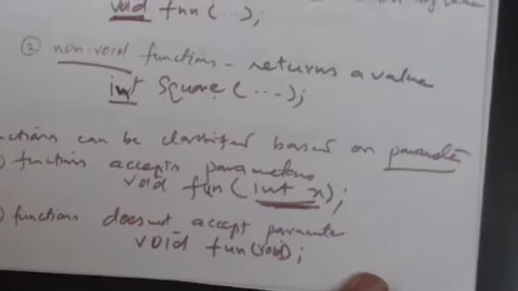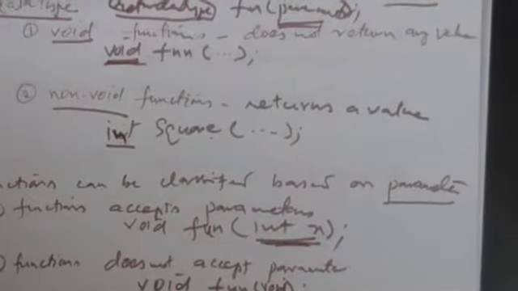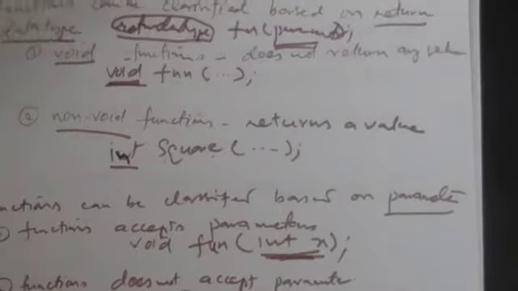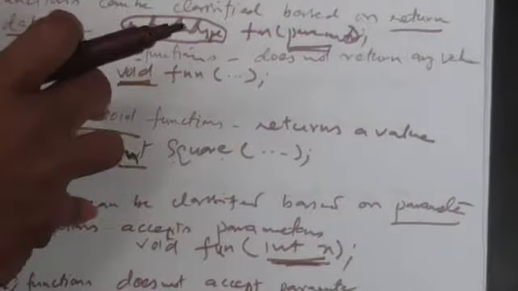So based on the parameters, you can classify functions into two categories, and based on the return data type, you can classify them into two categories.